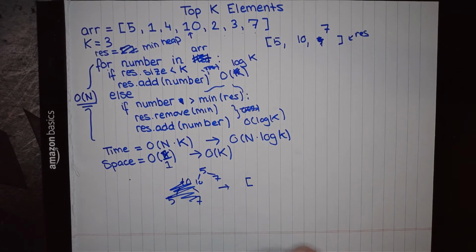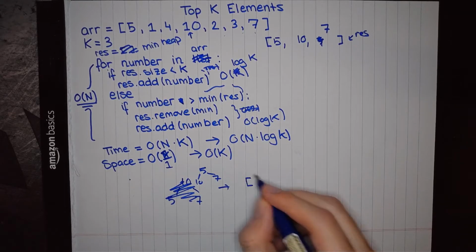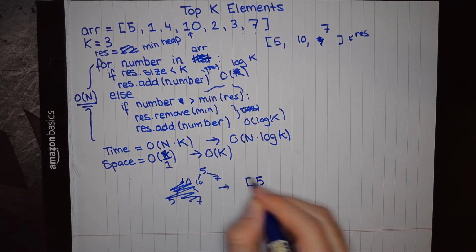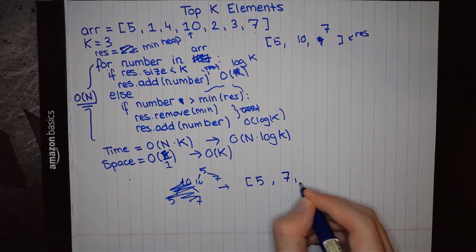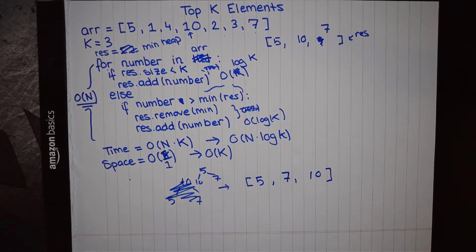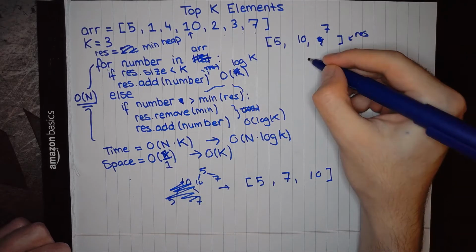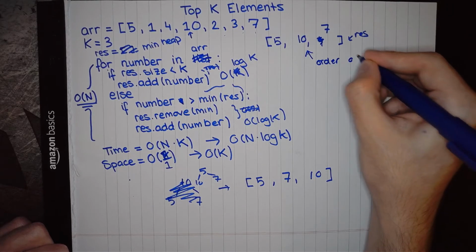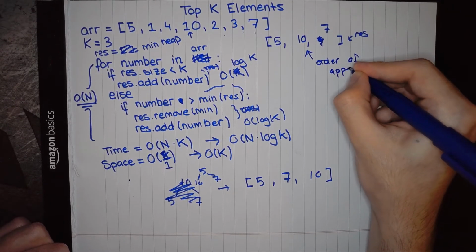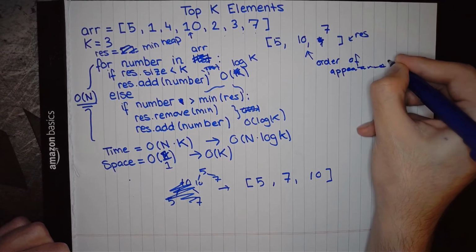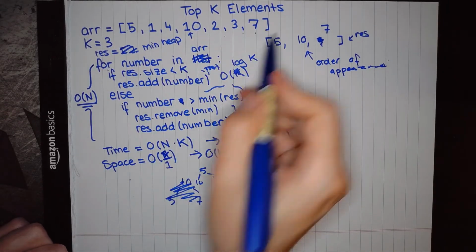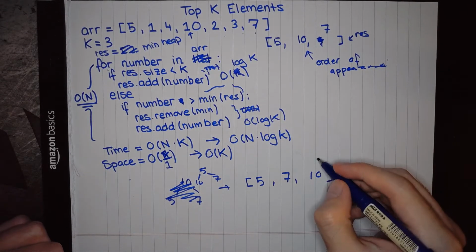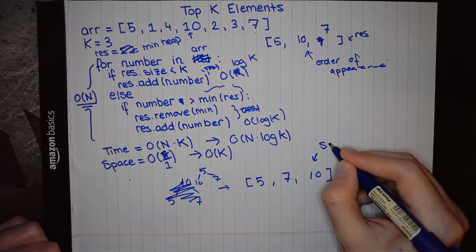So every time I'm going to extract the min and dump it into the list, so I end up getting the output in sorted order. Before, this was in the order of appearance in the original array. So 5, then 10, then 7, because that's the order they appeared in. But now it's in sorted order.